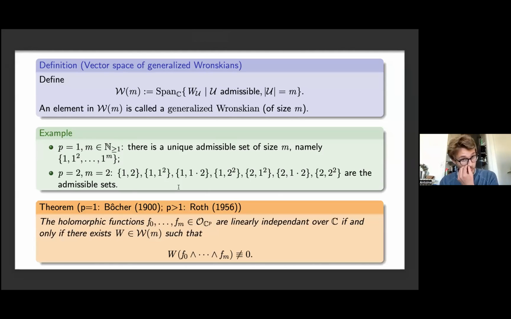So the fundamental property of generalized Wronskians is the following. It is due to Bôcher for p equal to 1 and to Roth for p strictly greater than 1.